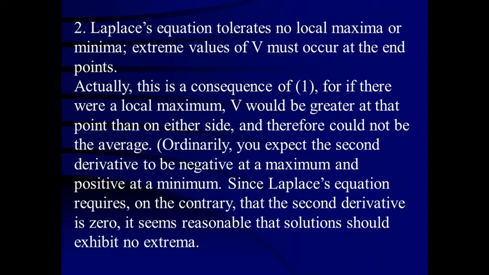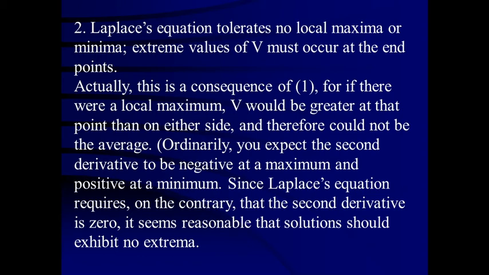Ordinarily, you expect the second derivative to be negative at a maximum and positive at a minimum. Since the Laplace equation requires, on the contrary, that the second derivative is 0, it seems reasonable that solutions should exhibit no extrema.